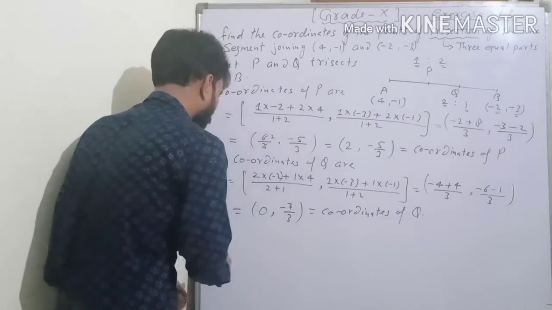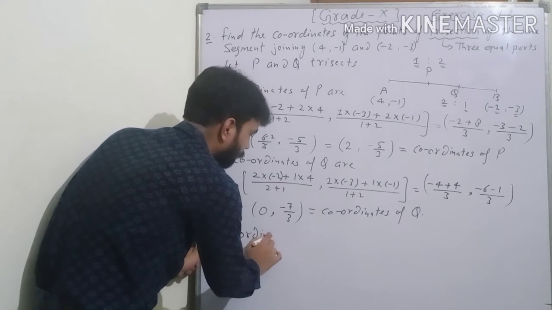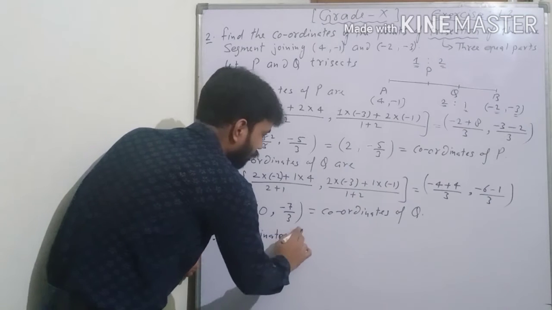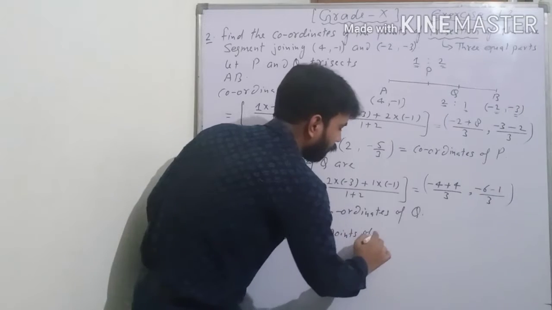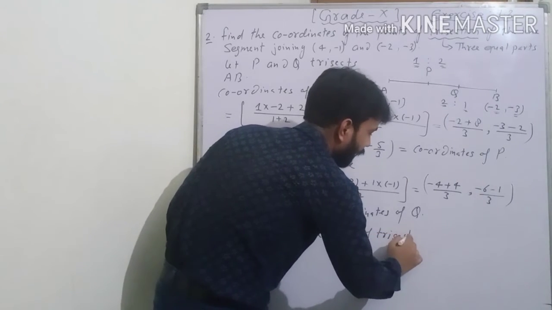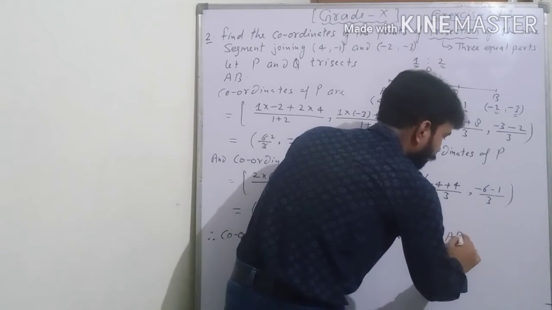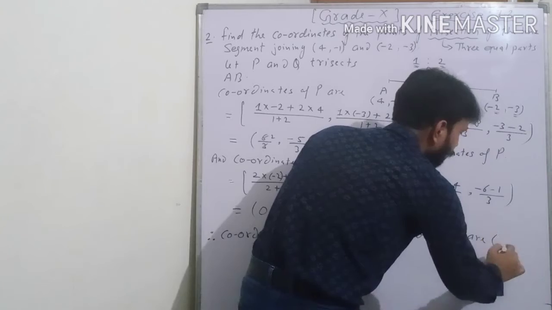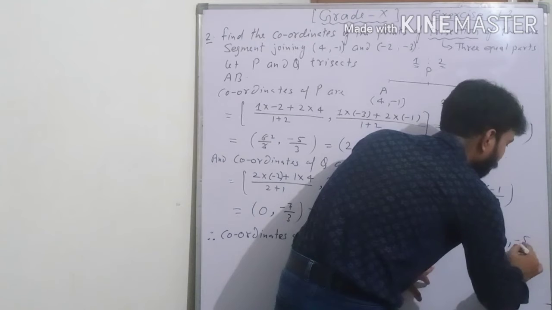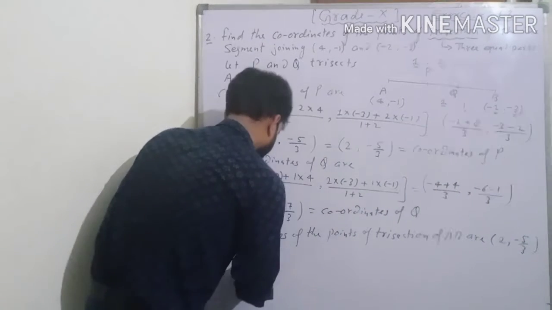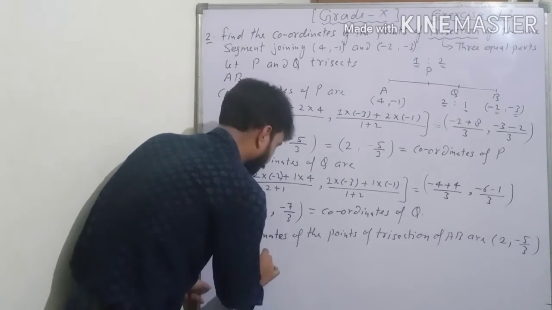Question is asking about the coordinates of the points of trisection. So at last we will have to write, hence coordinates of the points of trisection of AB are, the very first coordinate is 2, minus 5 upon 3, and second coordinate 0, minus 7 by 3.